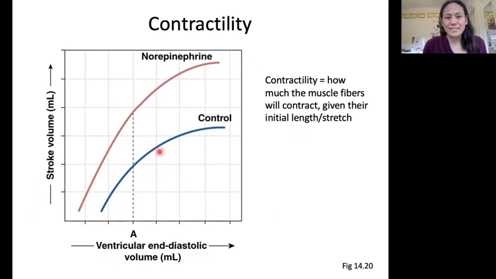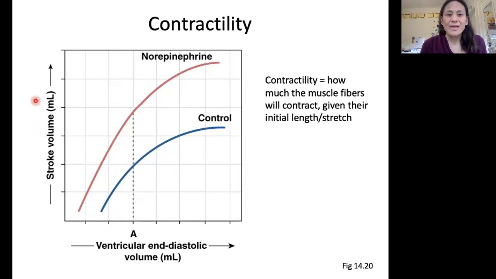And what you can see is in the control condition, like we saw in the last slide, this is the exact same relationship that we saw in the last slide. As you increase your end diastolic volume, you increase your stroke volume, okay?